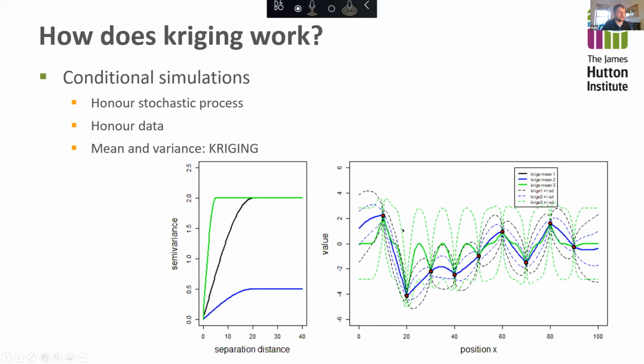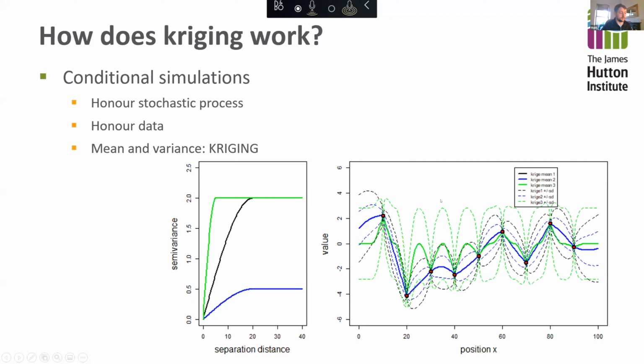So the sill doesn't have an impact on what the interpolated kriging value is, but it has an impact on what the uncertainty is. These are the plus-minus standard deviations around the estimated value for the blue variogram, and the black one is the one here. And the green shows the result if we have a short range.